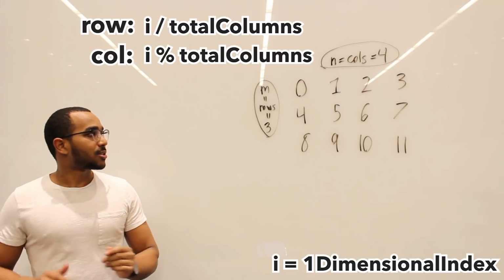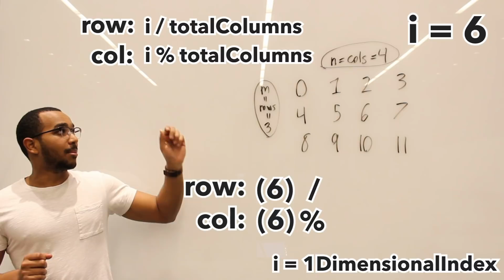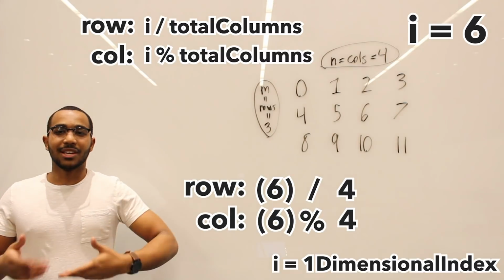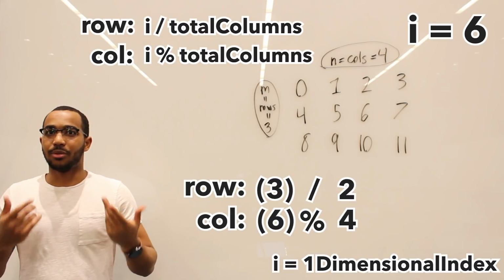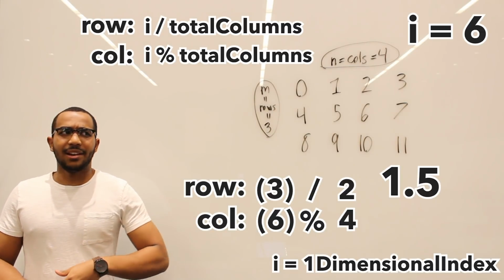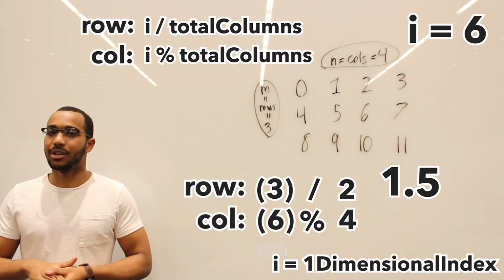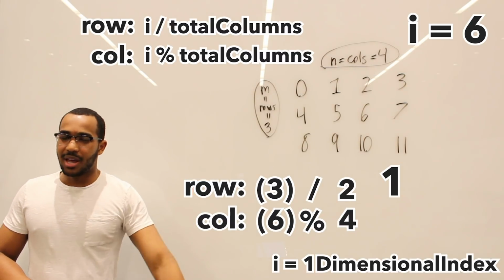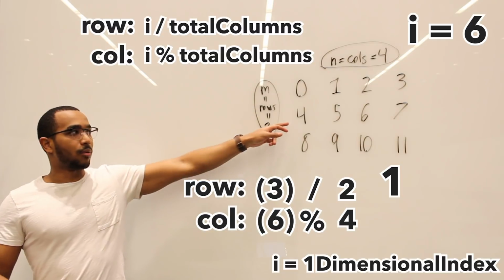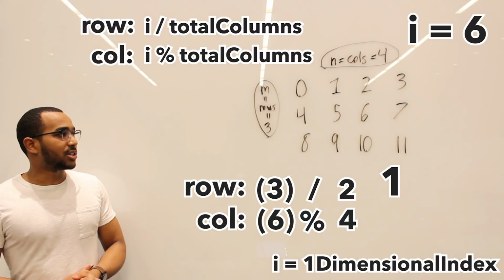So think about this. 6 divided by the number of columns, 4. 6 divided by 4 is the same thing as 3 divided by 2, which is 1.5. And we're going to truncate the decimal place because these are not floats, these are integers. Now we have 1. What row is 6 in? Row 1.